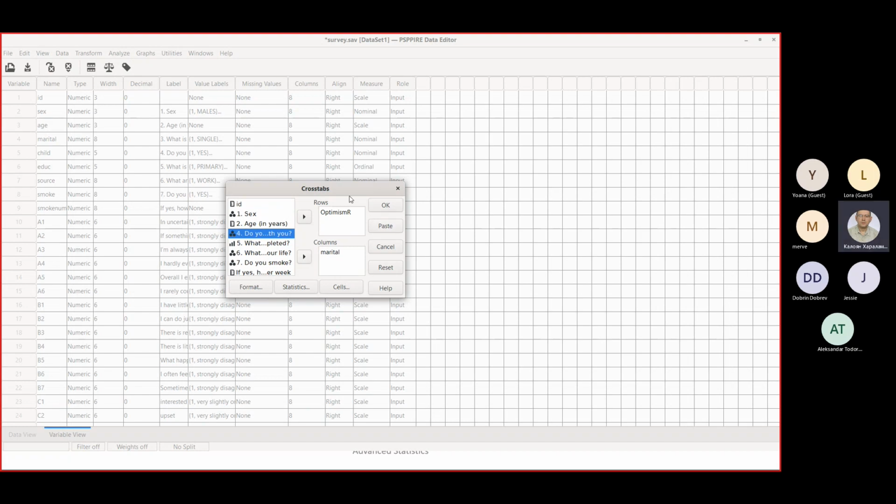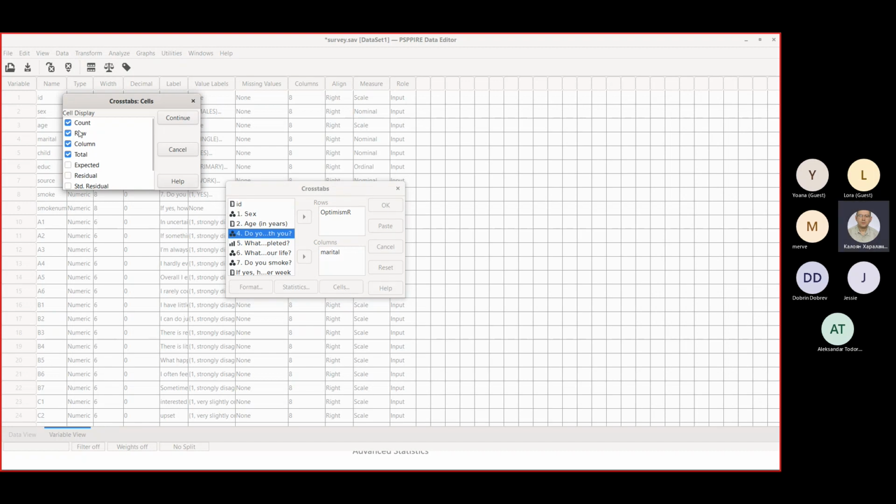So this is the first step. I will press OK. Sorry, I forgot. Before OK, I will press Cells and choose only column percentages.